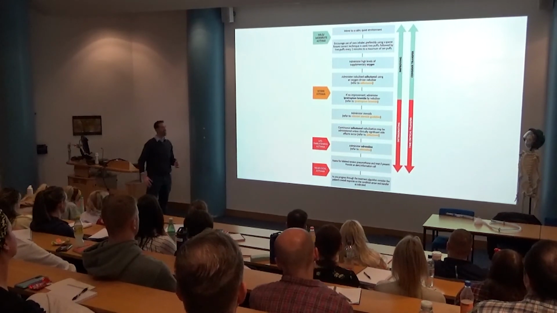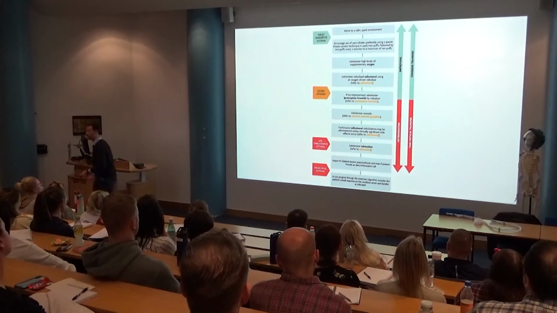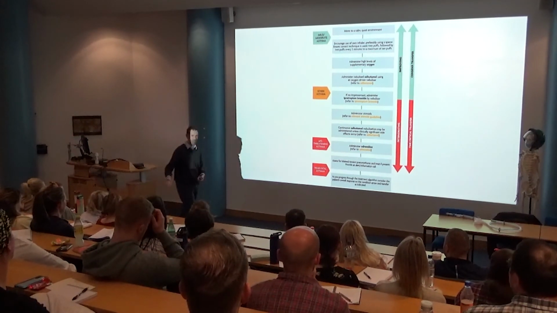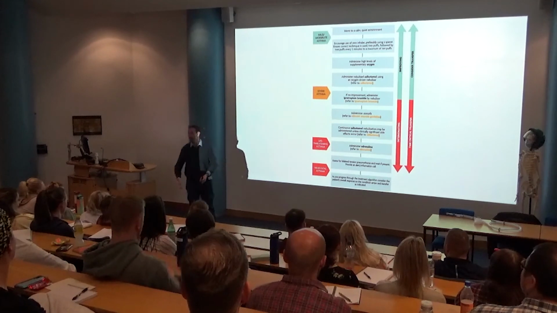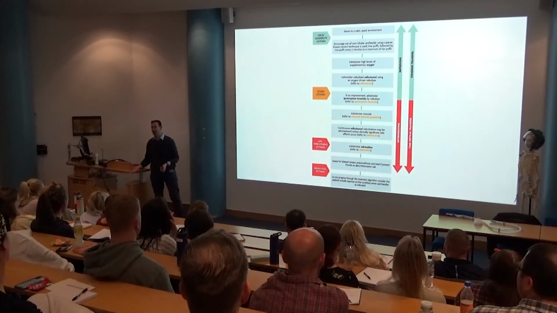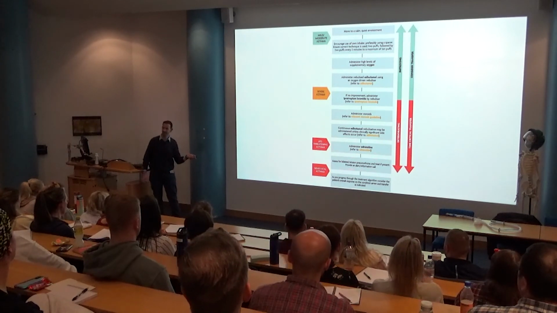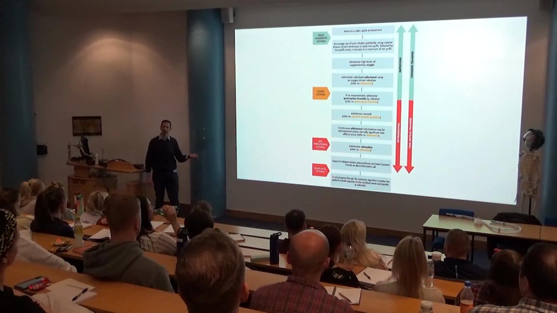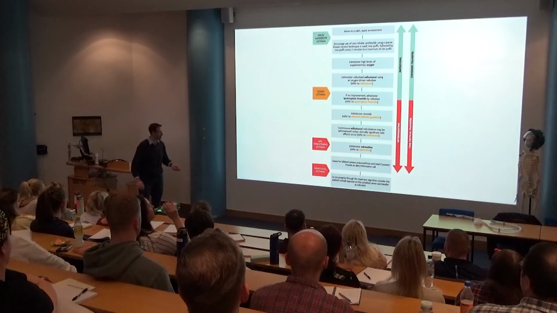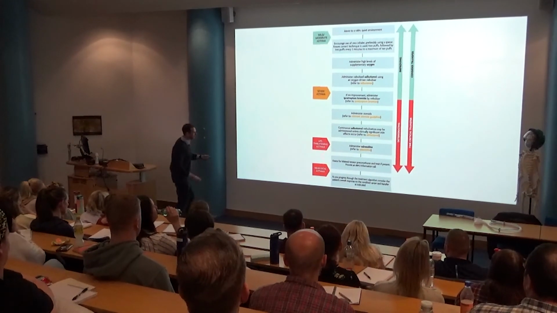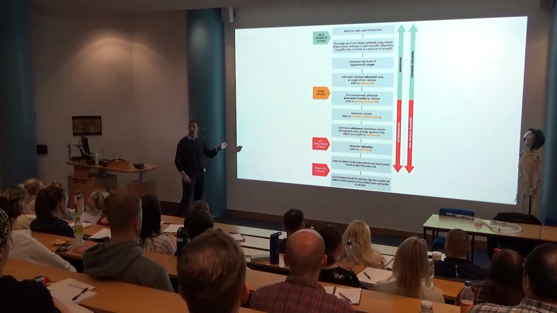But if I start getting a life-threatening asthma, do I tell the person, start getting a nice, quiet environment with me, and let's see if this is going to resolve it? Would that be a good use of your time? Or shall we start giving them some adrenaline? Yeah, so let's do that straight away. So you go, okay, I understand. In that case, we get here and we work from the bottom up.